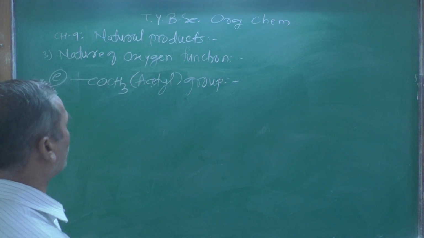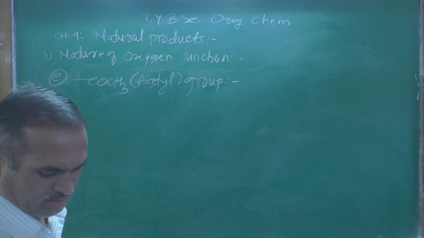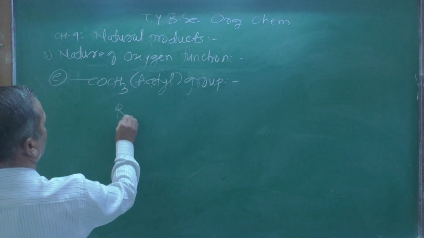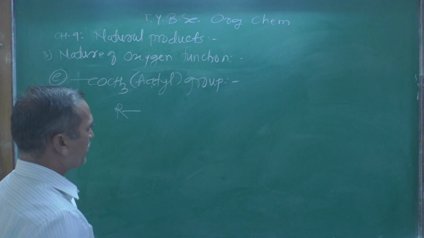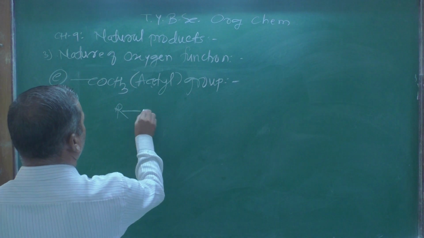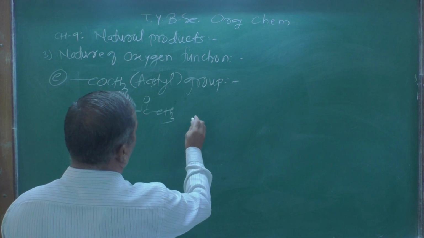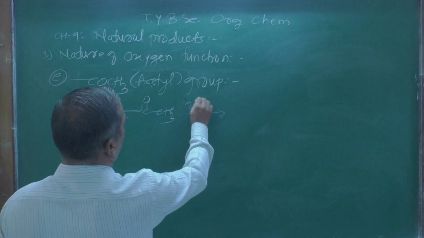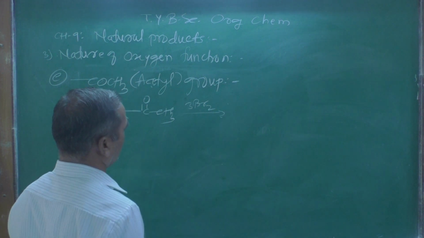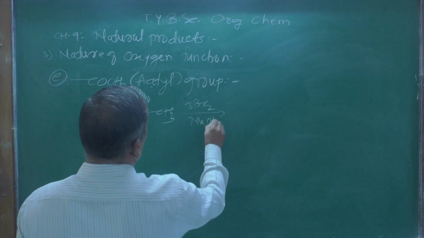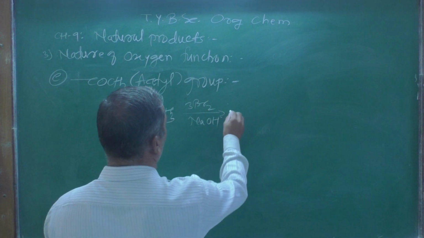So let us see over here, R, C double bond O, CH3, when it is treated with 3Br2 in presence of sodium hydroxide, what you are going to get here?